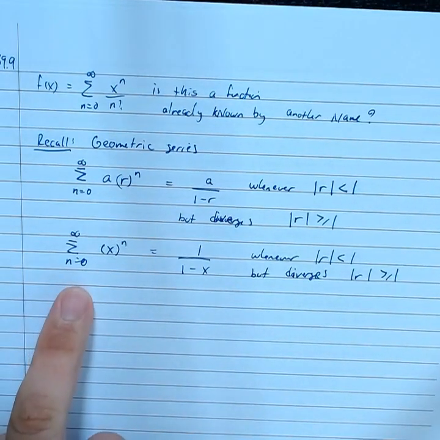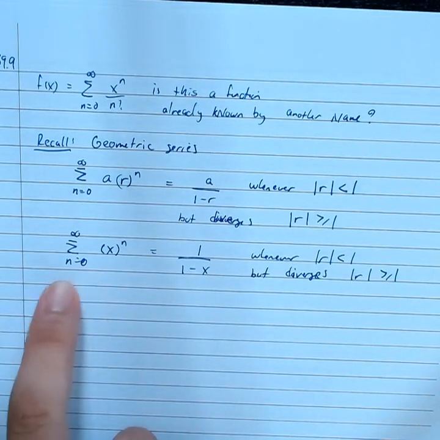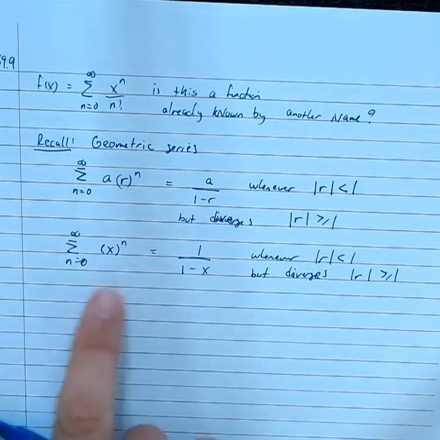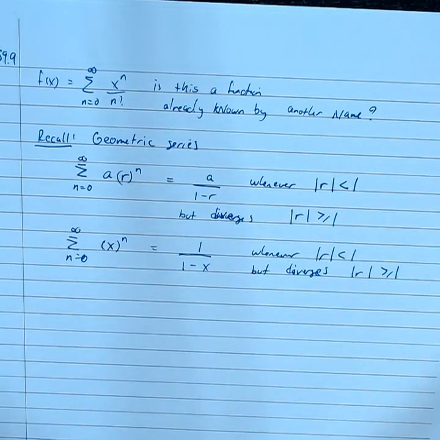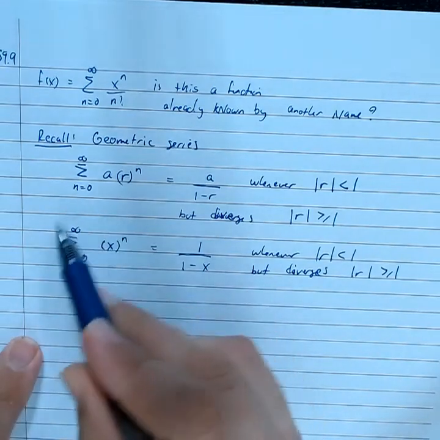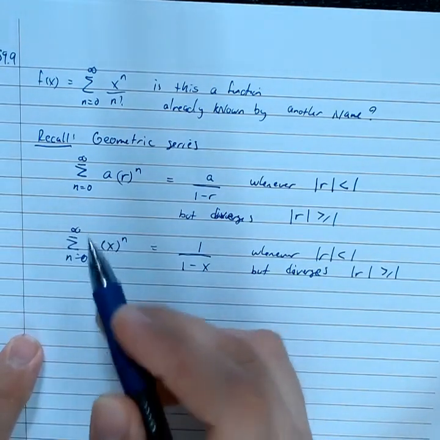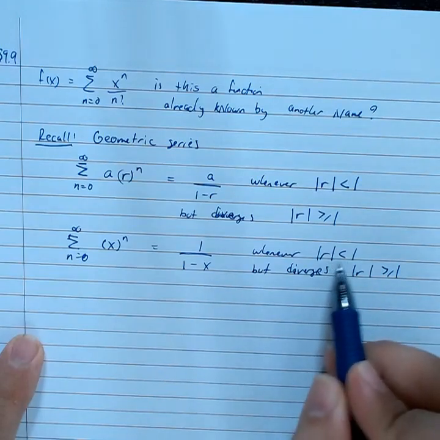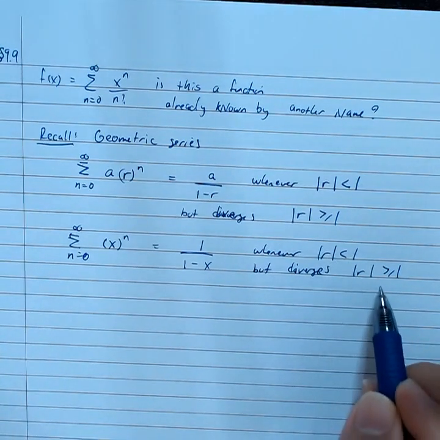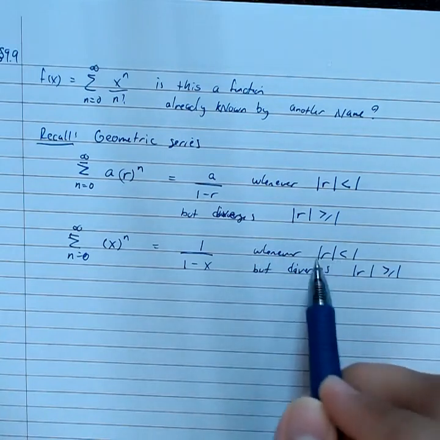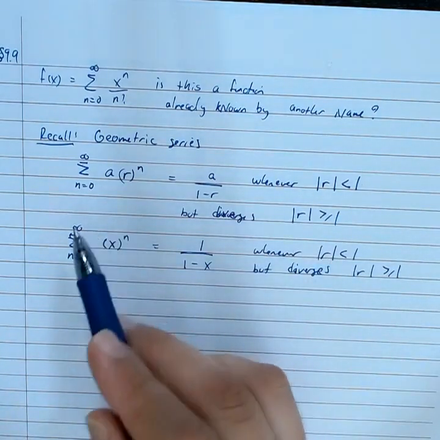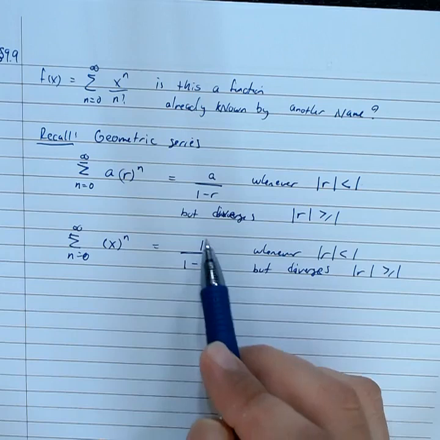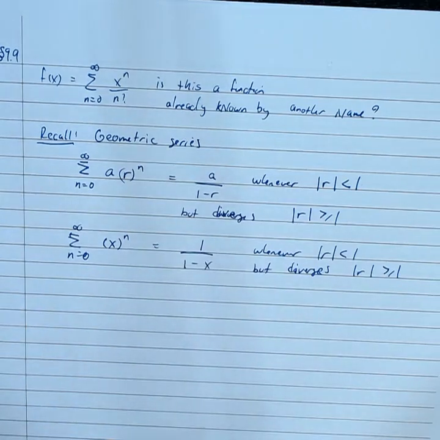Okay, so here we have, in fact, a power series. It turns out that the power series, the sum as n goes from 0 to infinity of x to the power n, is equal to 1 over 1 minus x. So if ever you have this power series, as long as you have a value between minus 1 and 1, excluding minus 1 and 1, as long as you're in the interval of convergence, then this series can also be treated as this familiar function, 1 over 1 minus x.